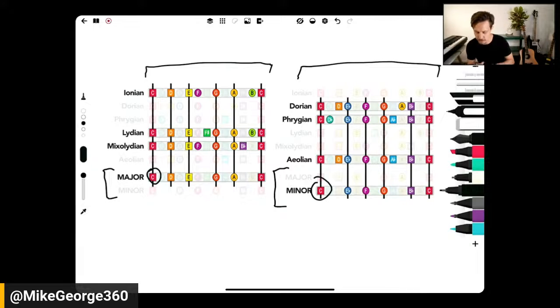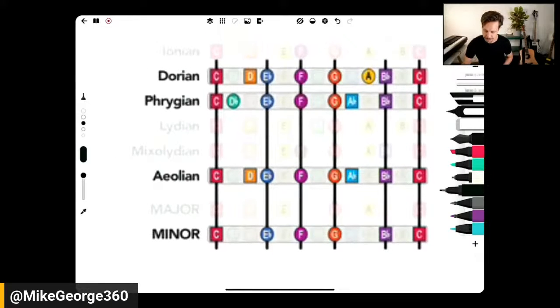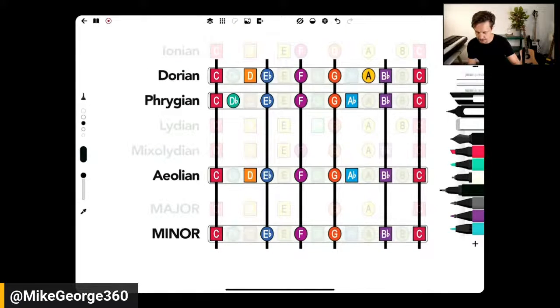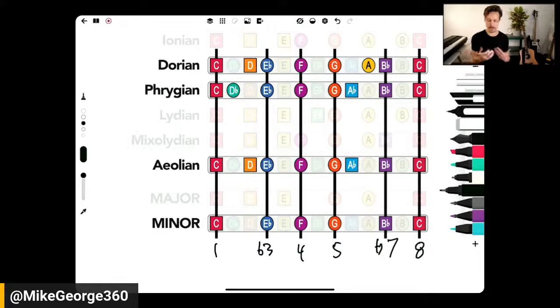So we're going to zoom in on the minor pentatonic, and we are looking at scale degrees 1, flat 3, 4, 5, flat 7, and 8. And a lot of times it goes well with the Aeolian. The Aeolian is the most common, along with the Dorian, the two most common minor modes.